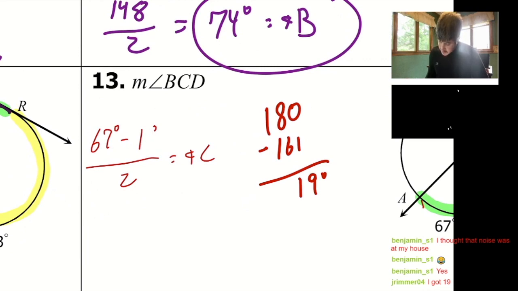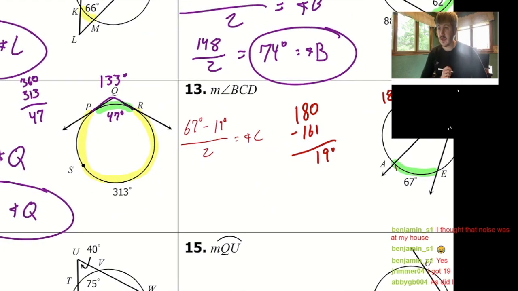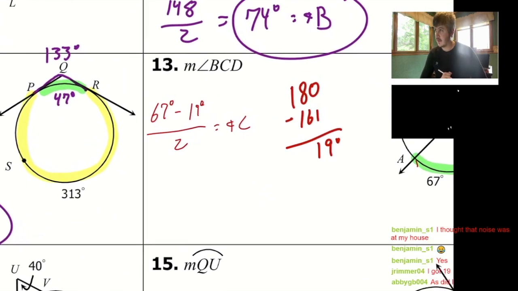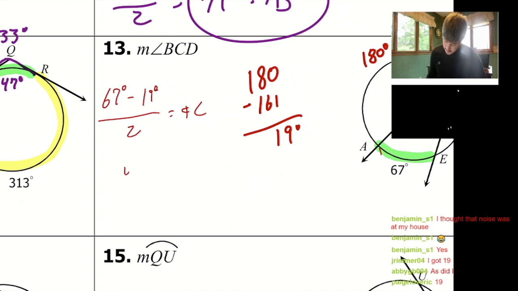And we will not get a decimal. Yeah, it is 19. So 67 minus 19 is 48. So it should be 48 divided by 2, which is 24 degrees for angle C.